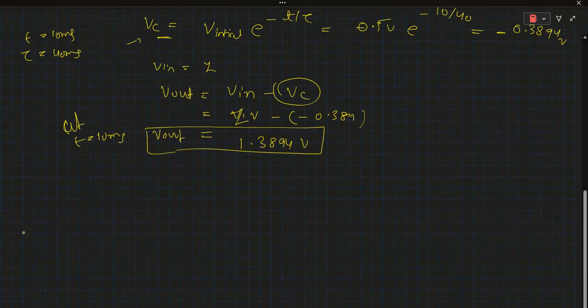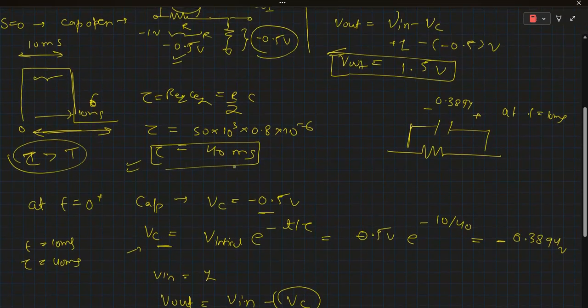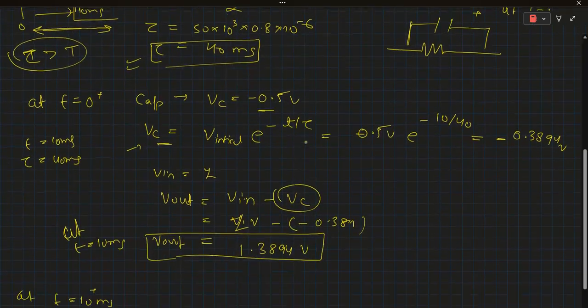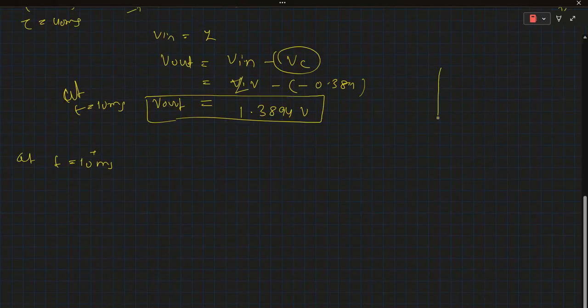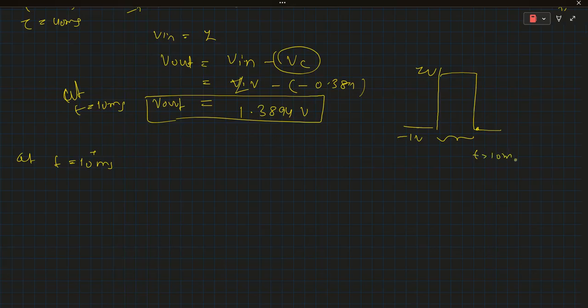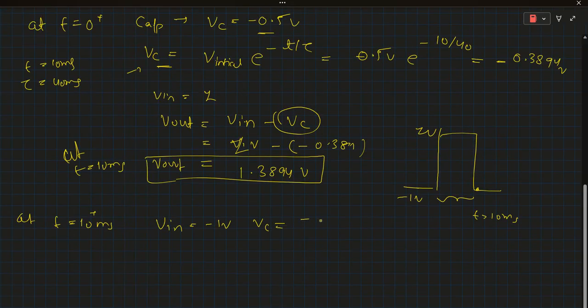So now at t equals 10 millisecond plus, let me draw the input waveform here. Like we analyzed for this time frame, this is minus 1 volt, this is 1 volt. Now we are at t greater than 10 millisecond. In this time frame, the V input is minus 1 volt, and the capacitor voltage we calculated is minus 0.3894 volt.